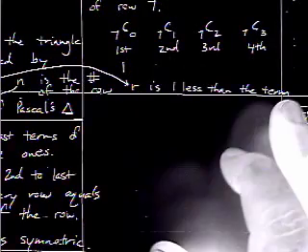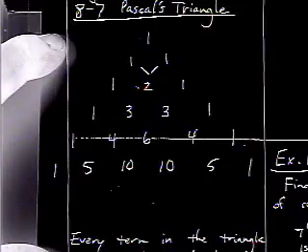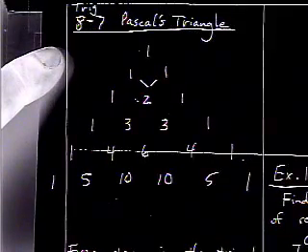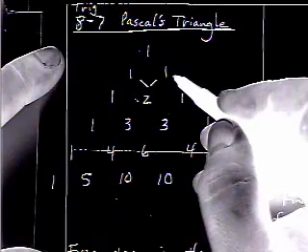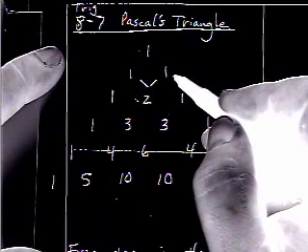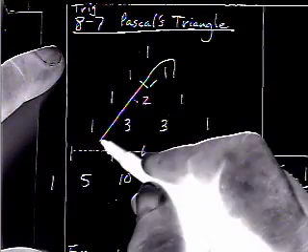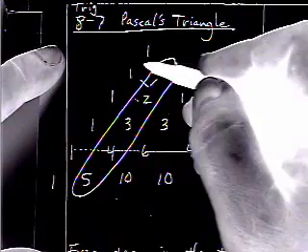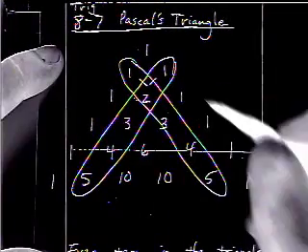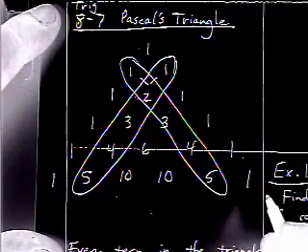I bet I know the second term of every row. Go back and look at Pascal's triangle. Look at the second term and the second to the last term. Those are the names of the rows.